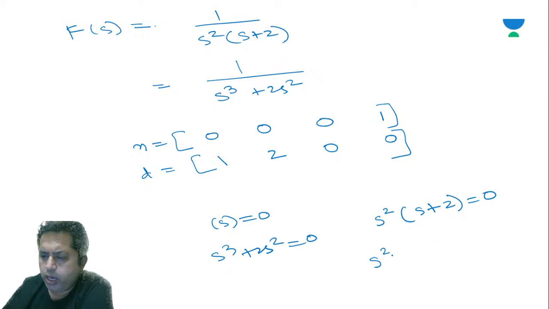S square is equal to 0, s plus 2 is equal to 0. S is equal to 0, 0, and s is equal to minus 2.